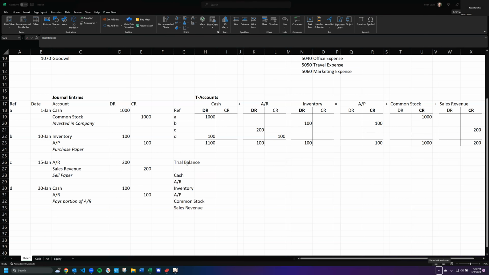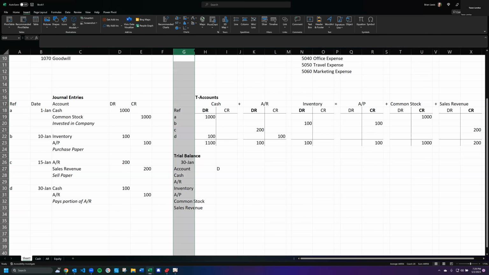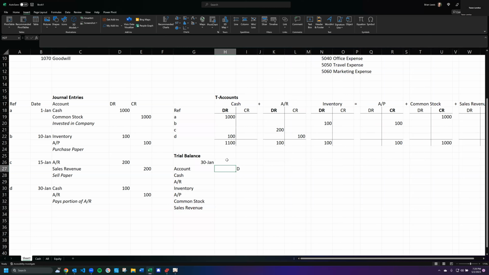Let's do a proper one. Okay, so let's do this as of 1/30. We're going to have the account, a debit, and a credit. I'm doing the truncated version of this.